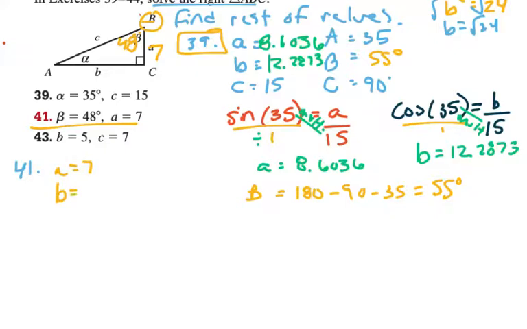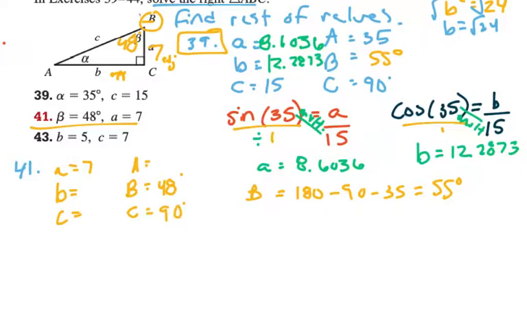We're going to use the opposite over the adjacent. So we're going to use some tangent. Angle A we don't know yet, but angle B is 48, and angle C, of course, is 90.